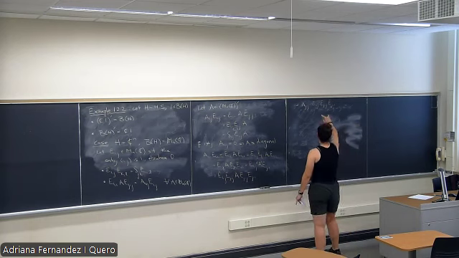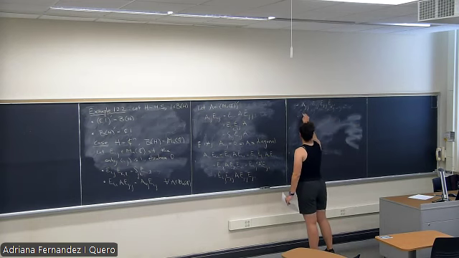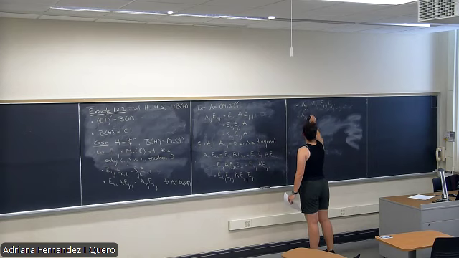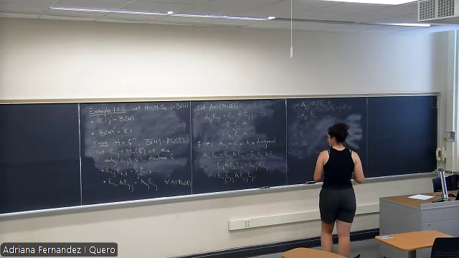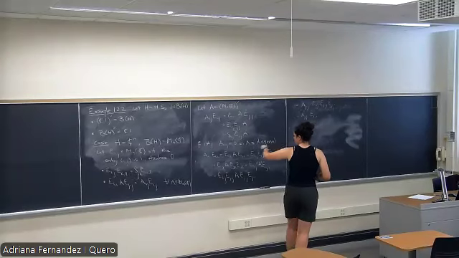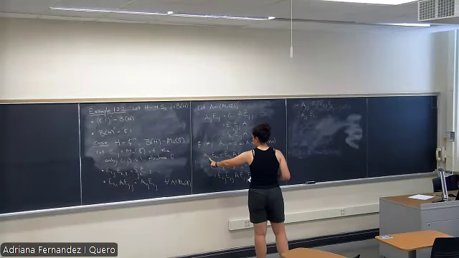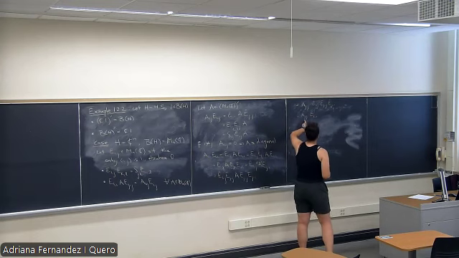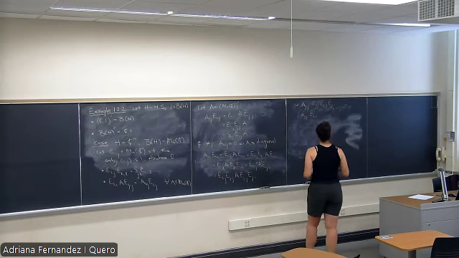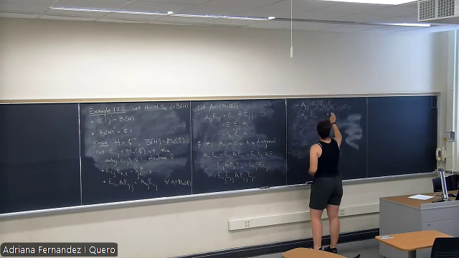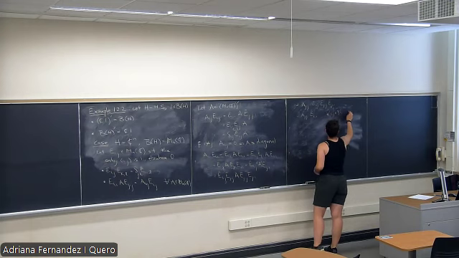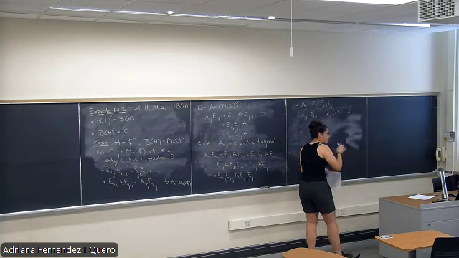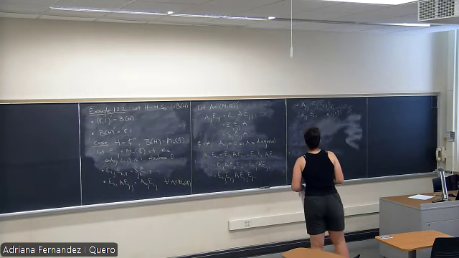And then these three can be collapsed into just one of them, which is the E_ii. And so what we have is that at the same position, we need to have that A_ii, the ith entry of A, coincides with the jth entry of A. And this is for any i and j between 1 and n. So that means that every single entry in the diagonal needs to be the same.